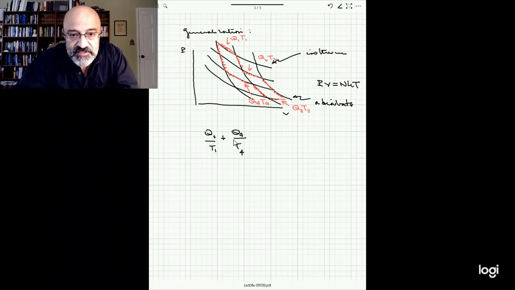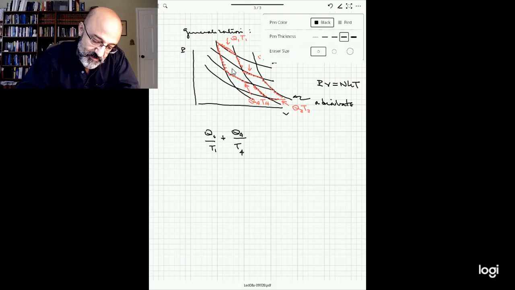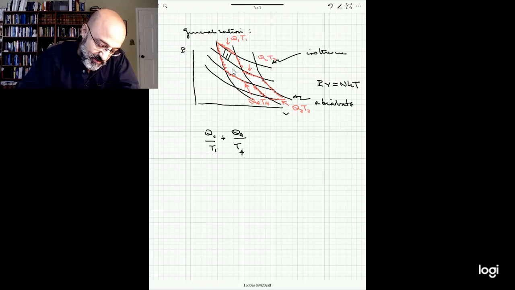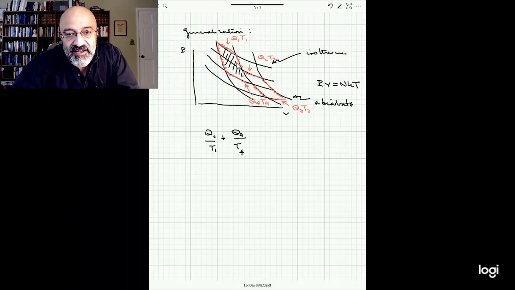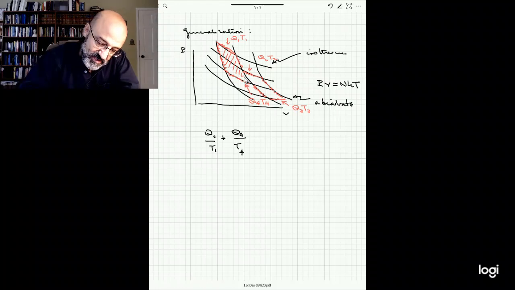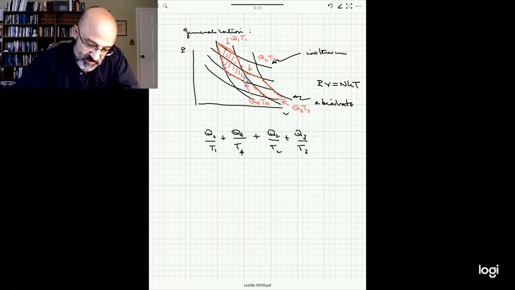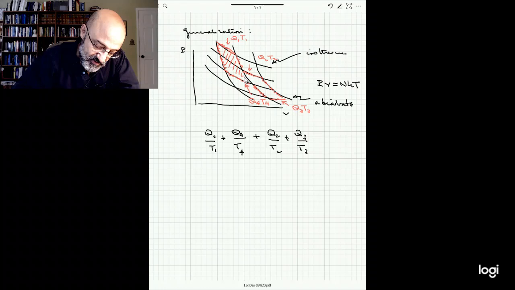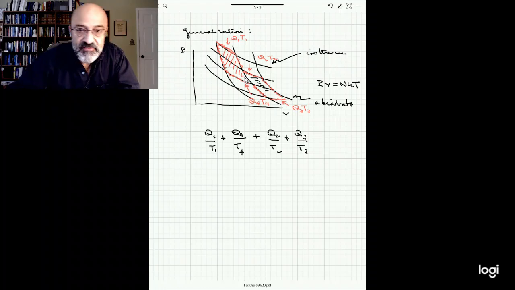Those are the quantities that would correspond to this part of the diagram in which you close it down here. So imagine just that Carnot cycle. Then we have the other piece, which is Q2 over T2 plus Q3 over T3. That corresponds to this part of the Carnot cycle.